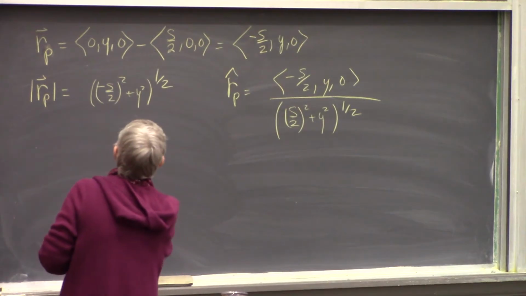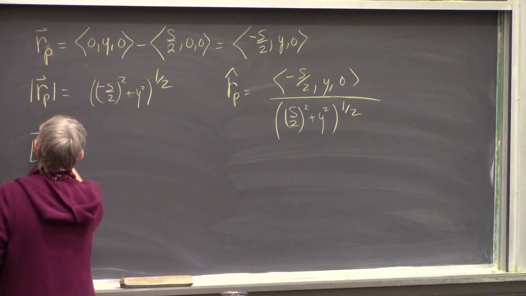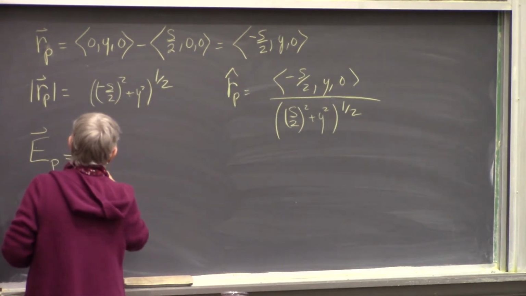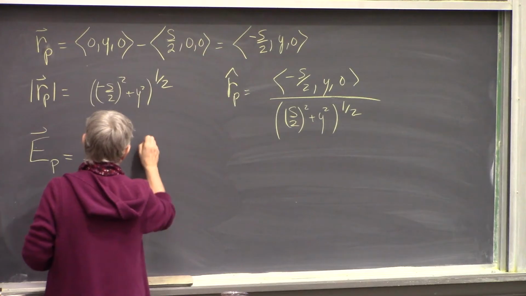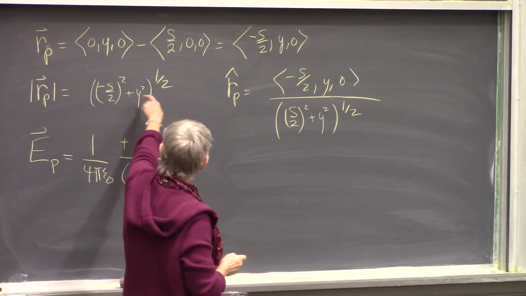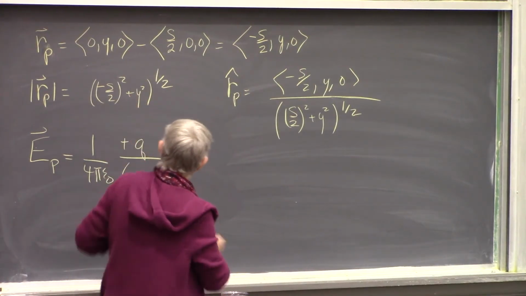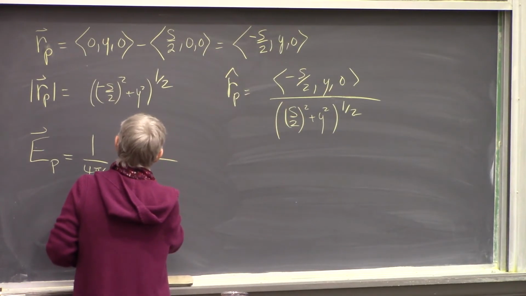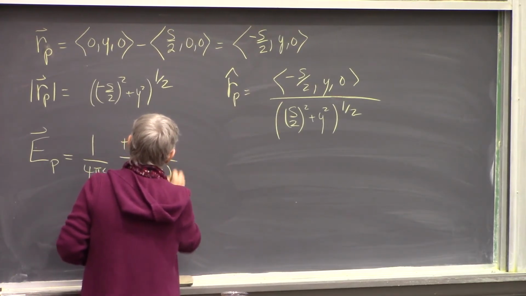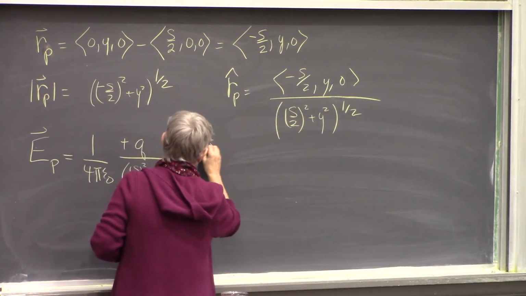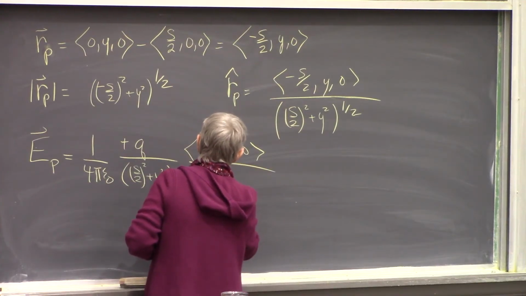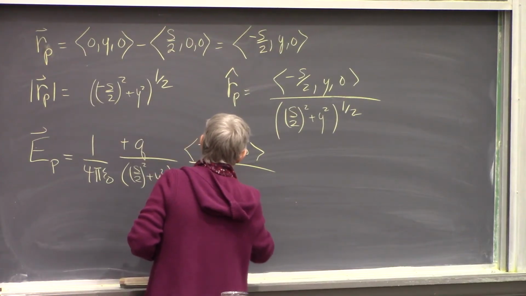And the electric field is therefore E plus, so 1 over 4 pi epsilon 0. We have a plus q over the magnitude of r squared. So again, we have s over 2 squared plus y squared times a minus s over 2, y, 0 over the square root of s over 2 squared plus y squared.